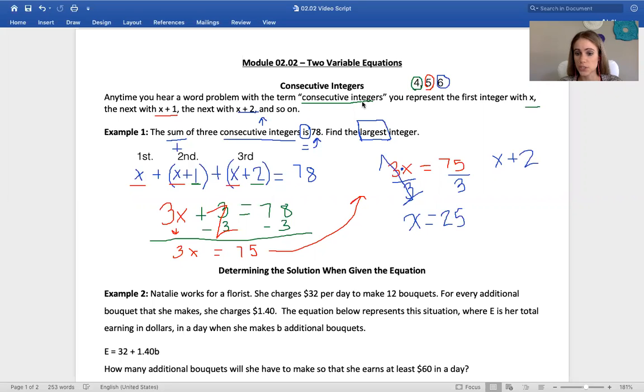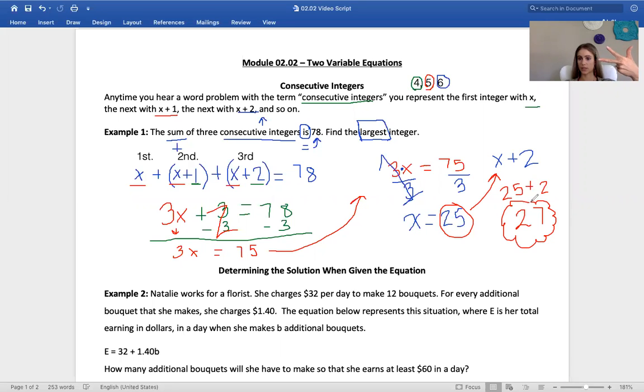We can substitute, replacing x with 25. So 25 is the first integer, plus 2 more, that would be 27. That is our final answer. So the 3 consecutive integers would be 25, 26, 27. But the answer it's looking for is the largest, 27.